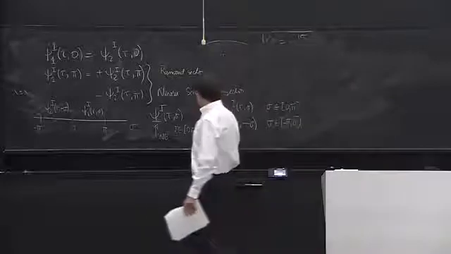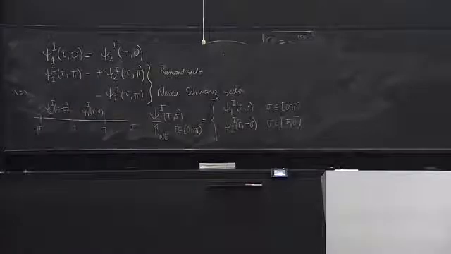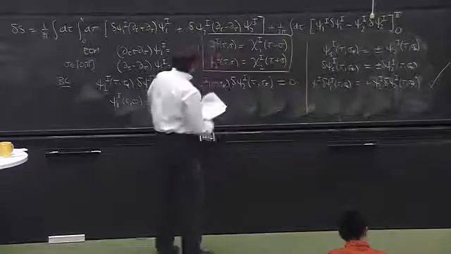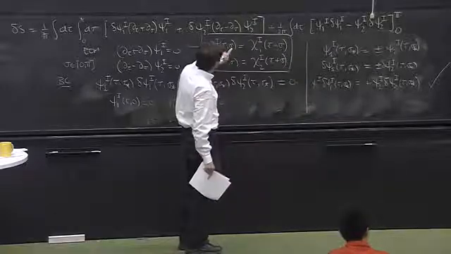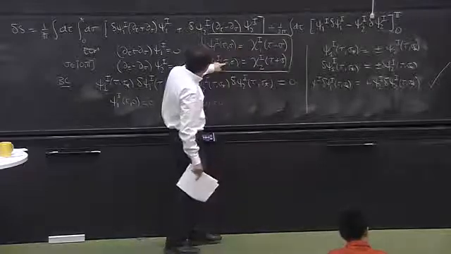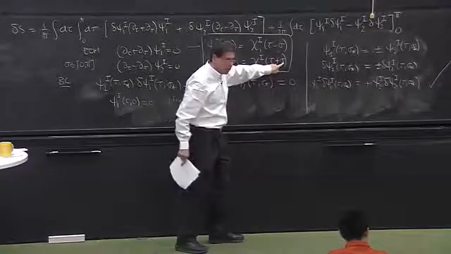And look at this: psi1 of tau and sigma is a function of tau minus sigma, but psi2 of tau minus sigma is also a function of tau minus sigma.